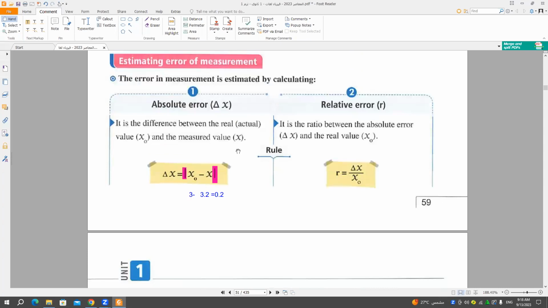The second type of error is the relative error. It is the ratio between the absolute error delta x and the real value, or the actual value.